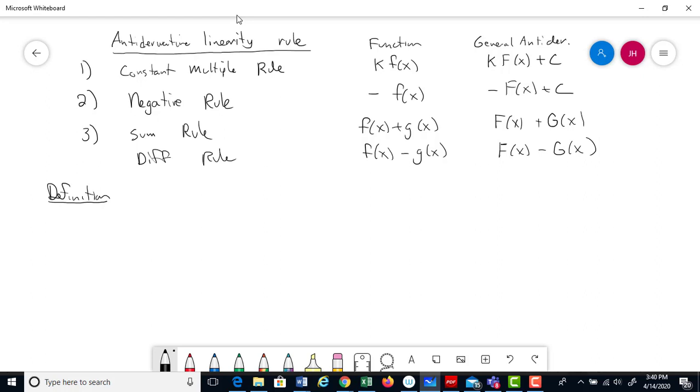So when I say f of x is equal to x squared plus 4x minus 3, I know that f prime of x is equal to 2x plus 4. Now we actually give a notation to this, that f prime of x is quite literally the derivative of this thing.